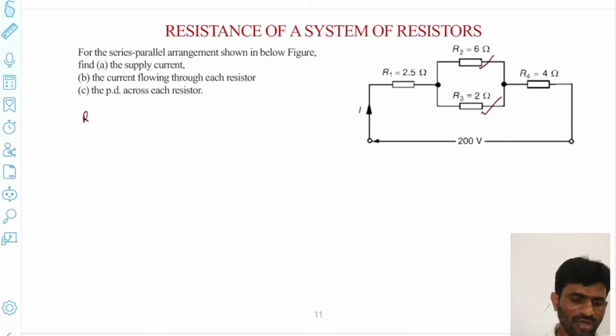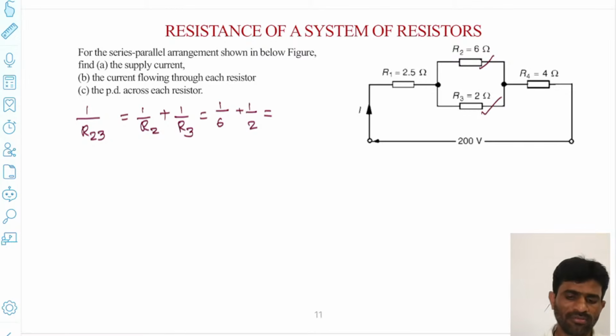I am taking it as R23. The effective resistance of R2 and R3 is 1 by R2 plus 1 by R3. That is equal to 1 by 6 plus 1 by 2.